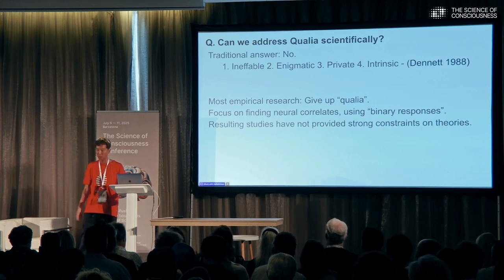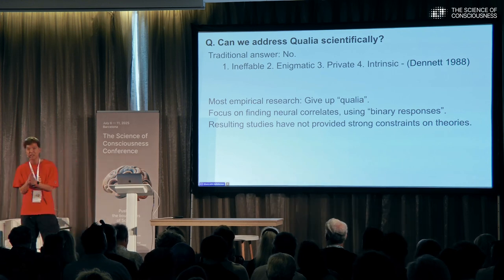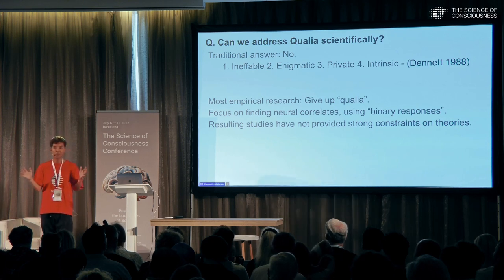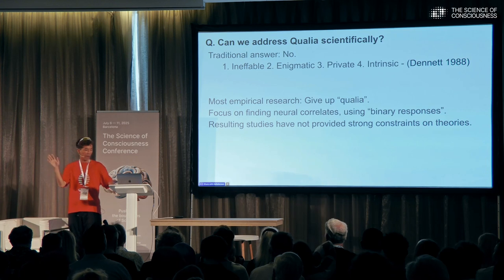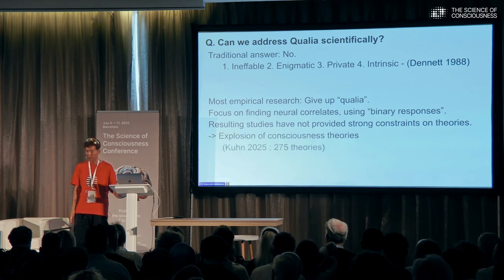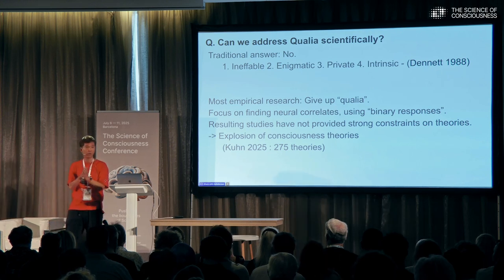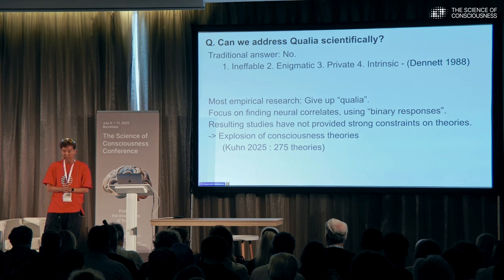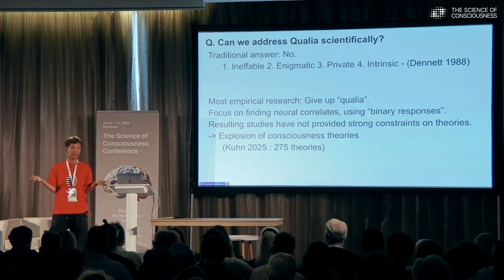But the problem is that this type of evidence and study does not constrain the theory of consciousness. For those who came to Robert Kuhn's talk yesterday, he counted the existing number of theories of consciousness, and it's right now 275.